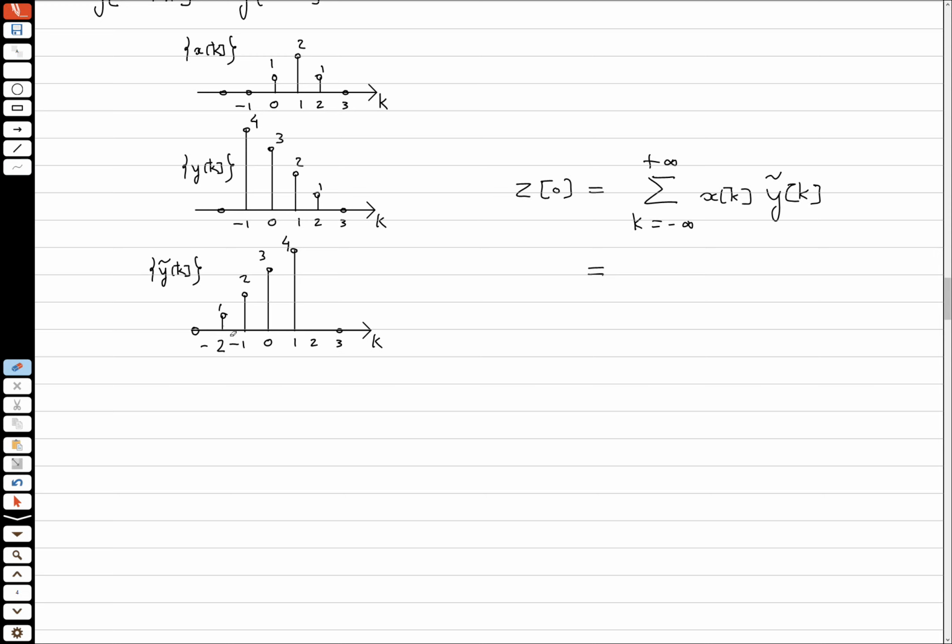So at -2, you still have 0. At -1, you still have 0. And at 0, you get 3. At 1, you get 8. And then after that, you get 0 again. So you get 11. So you get the value of z at 0 equals 11.